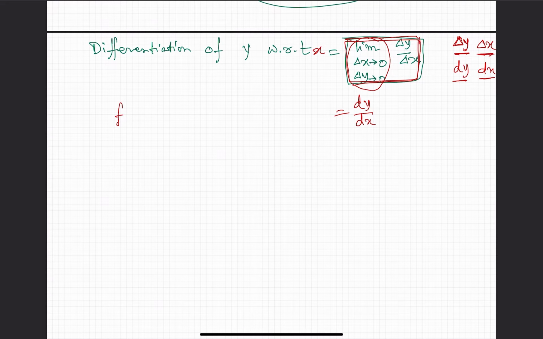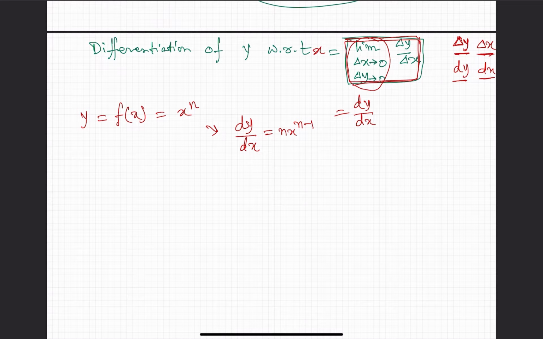Say a function of x is x to the power n. We can write this function of x as y. The formula for this is dy dx: if we differentiate y with respect to x, it would be n x to the power n minus 1.